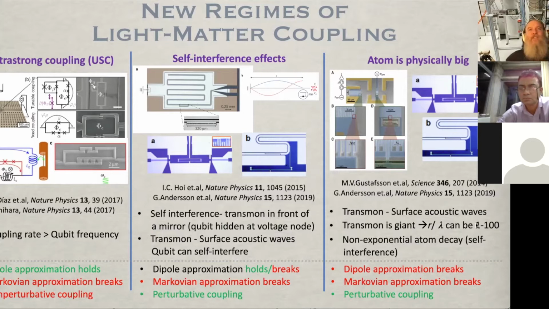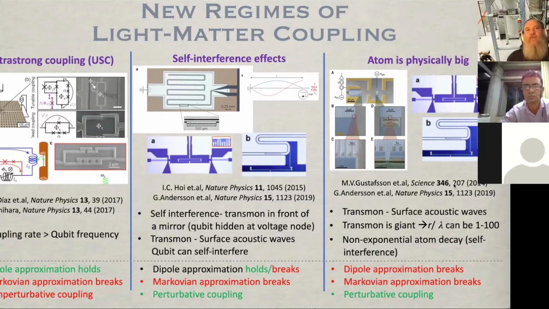So obviously, very far outside of the dipole approximation. And again, you get really interesting self-interference effects here, because now the two sides of your artificial atom can essentially emit independently, and then that emission can interfere with itself. So really the qubit can interfere with itself in its own emission.